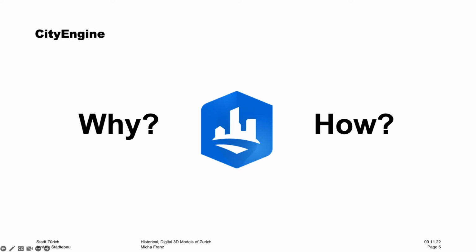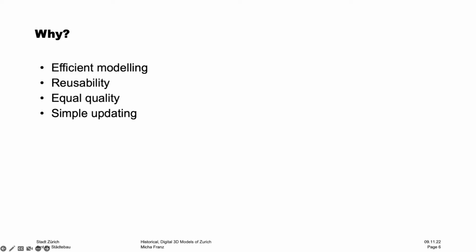So I would like to tell you more about why, and probably more interestingly for you, how CityEngine was used and involved in our project. There are different reasons why we chose to use CityEngine with its parametrical modeling approach in the first place. First of all, it allows us to efficiently create models for various time spans.